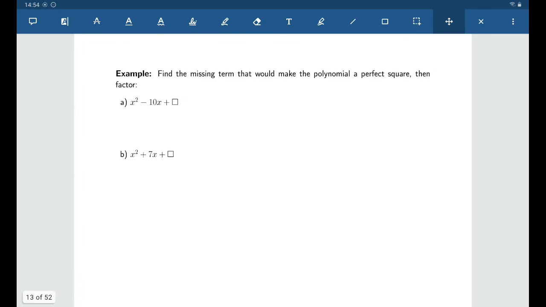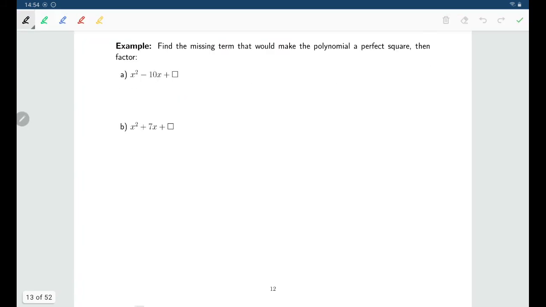So for the first one, we have x squared minus 10x plus mystery number. The constant that we need is found by taking that negative 10 and cutting it in half. Negative 10, if you cut it in half, gets you negative 5. And negative 5, if you were to square it, gets you 25.